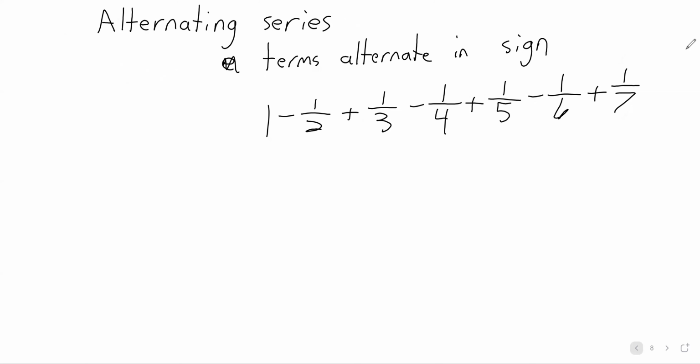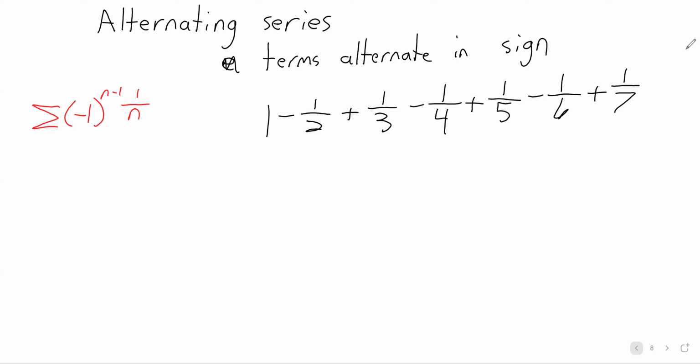The alternating harmonic series. This is the harmonic series, except that every other term is negative, which, incidentally, if you were writing this in sigma notation, you make a series alternate by having a -1 raised to a power.